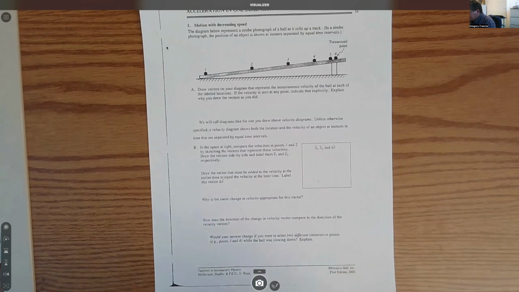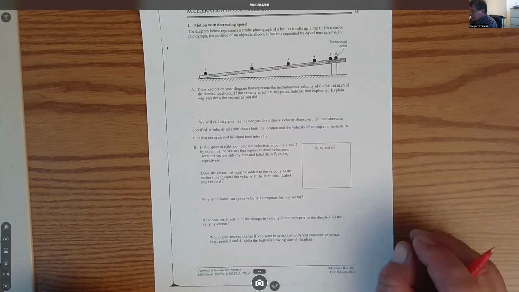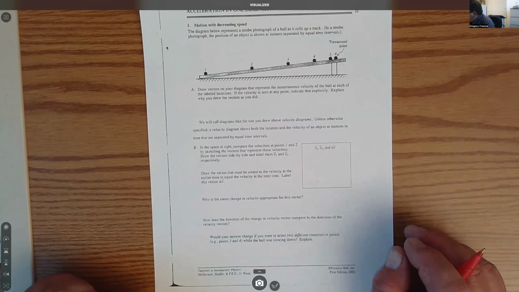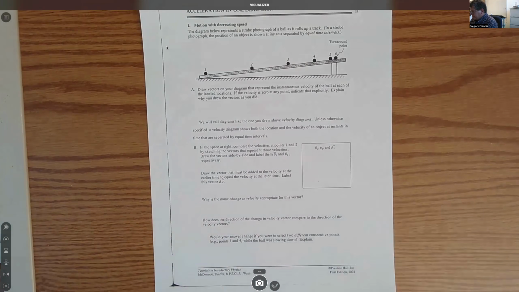In this strobe diagram, we take pictures of a ball that's rolling up a ramp and slowing down. And the velocity vector is what we're asked to supply at each of these locations, 1, 2, 3, 4, 5, and 6.